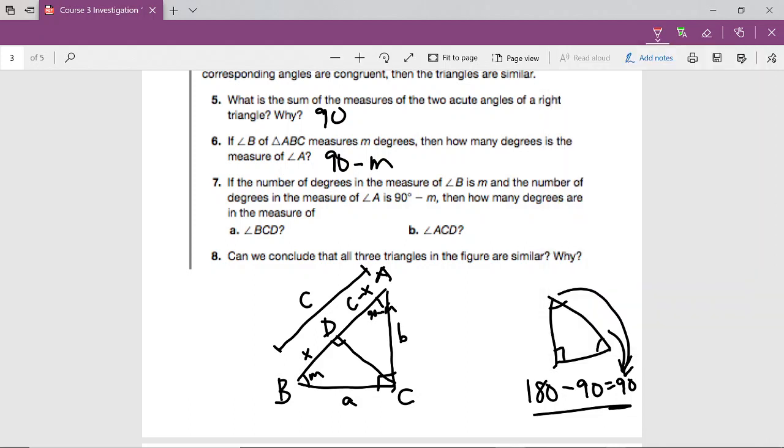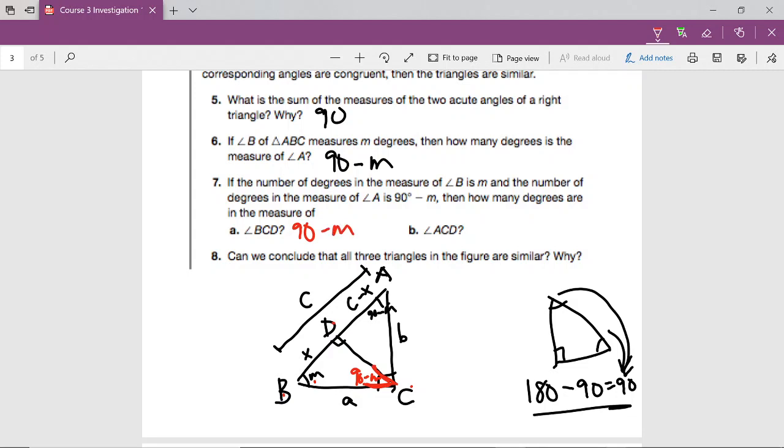What I first want is the angle BCD, which means I want this angle right here. We always go in order to find what angle we're talking about. Well, just like we said before, that's one of our acute angles, meaning that BCD is 90 minus m, because angle B was m degrees.